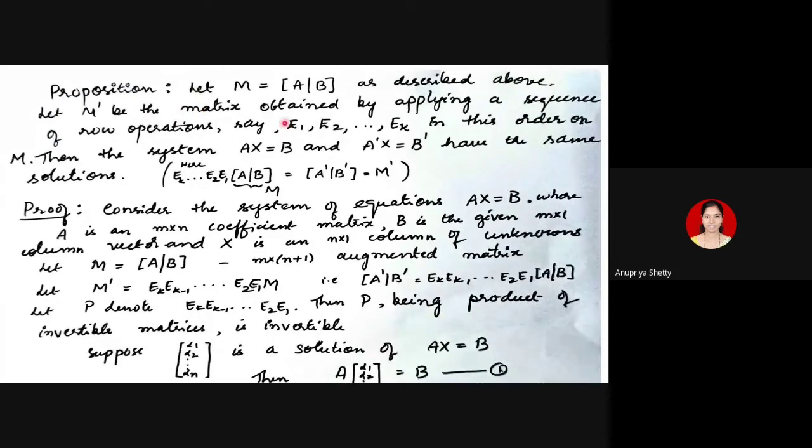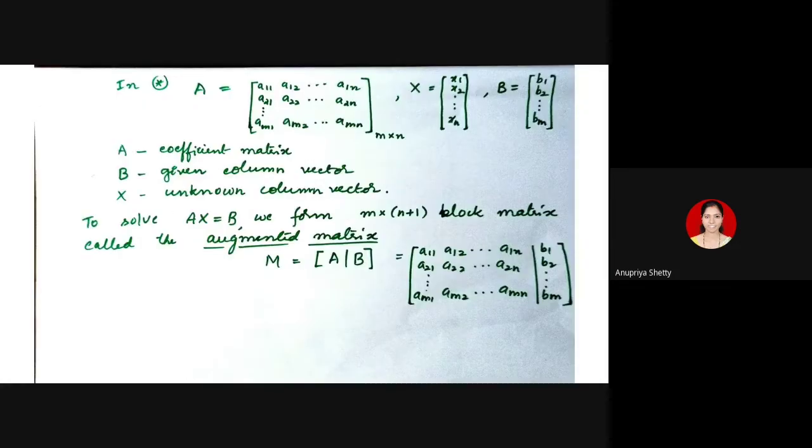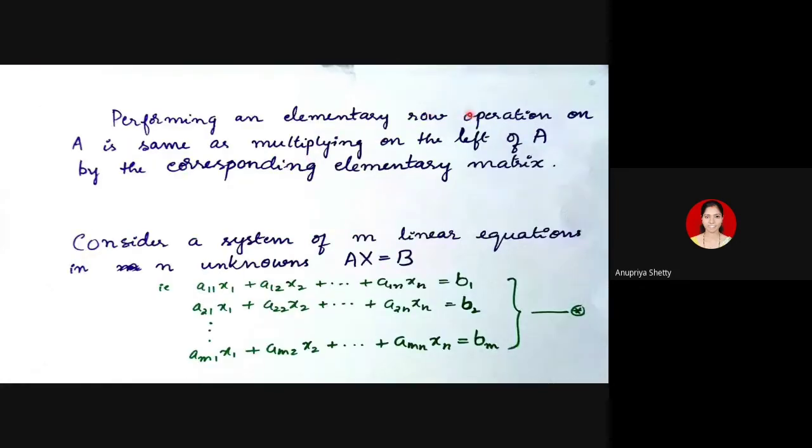In the proposition they have mentioned applying a sequence of row operations, but what is given is matrices, because, as I wrote on the first slide, performing an elementary row operation is equivalent to multiplying on the left by the corresponding elementary matrix. So this is very important, keep that in mind.